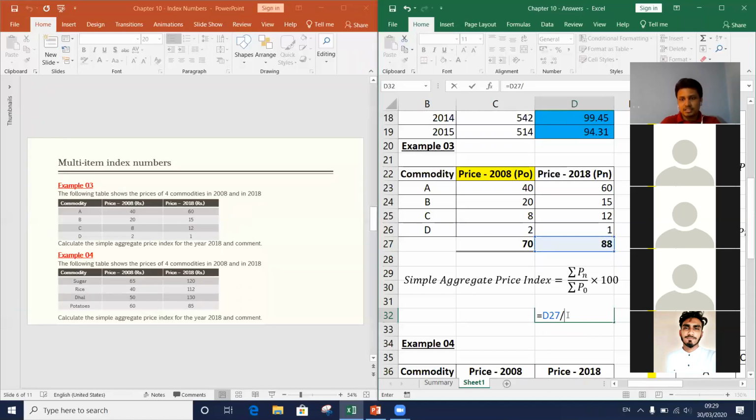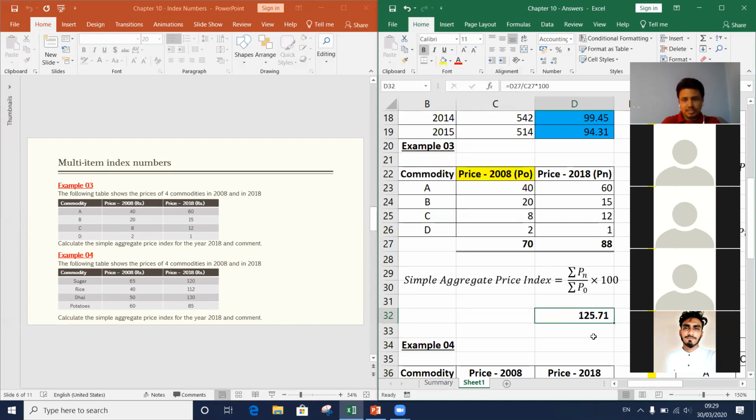We need to divide this by the sum of base year prices, which is 70, and then multiply it by 100. This should be the answer. 125.71. This is the simple aggregate price index. In example 3, this should be our final answer.